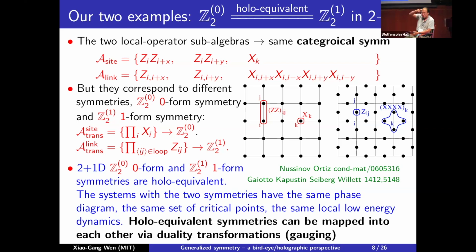The corresponding phase transitions and critical points are the same, and the low energy spectrum for the local excitations is also the same. Only some topological sectors may be different, but the local properties are the same. So that suggests that these two models have a duality relation. Indeed, there is a duality relation between the two through gauging.